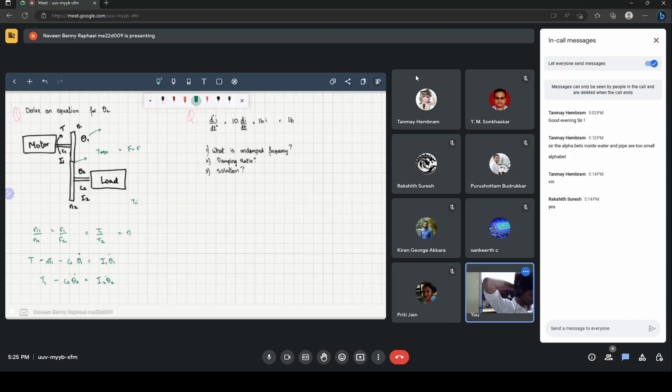Give me a second. Oh, in addition to these, we have one more equation I had forgotten. We have to assume that the power transferred due to the torque at the center has to be the same. So that gives us the equation T1 theta 1 dot is equal to T2 theta 2 dot.